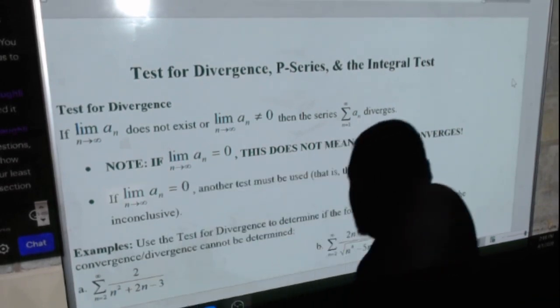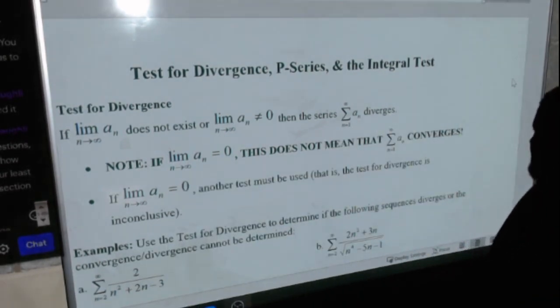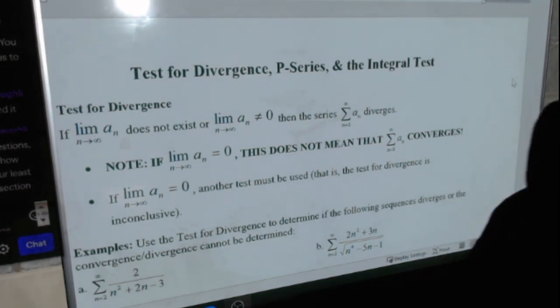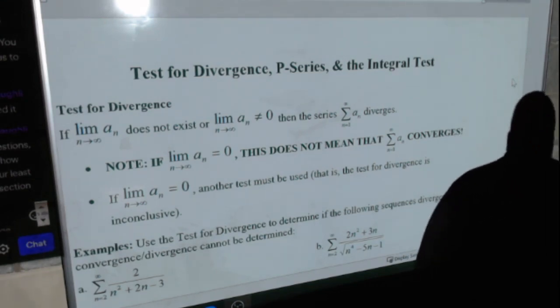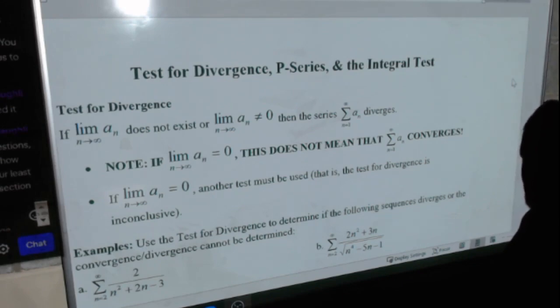So today, I'm going to look at test for divergence, p-series, and the integral test. First is test for divergence. And this is powerful, but very limited. And I say that because it's only going to tell you if something diverges.